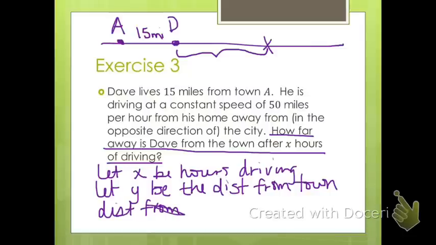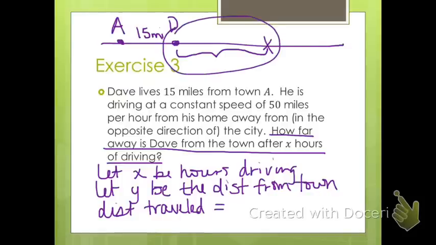Didn't pick the eraser. Okay, sorry, let's go on with that. So the y is the distance from town. The distance traveled is only this part right here.